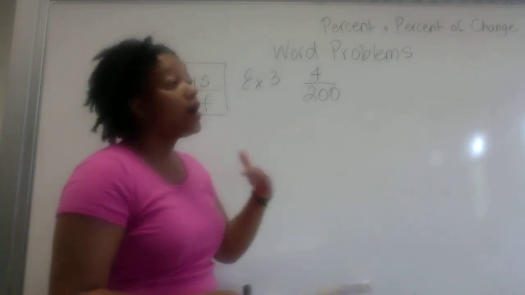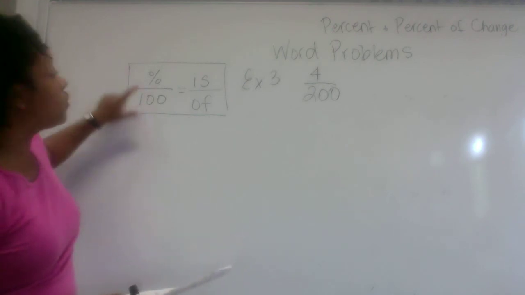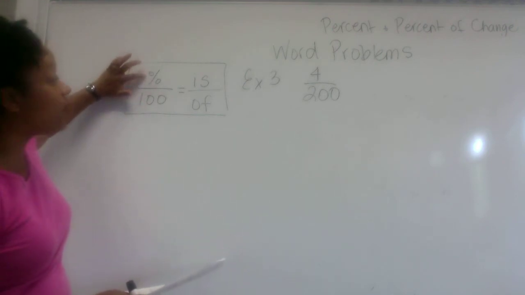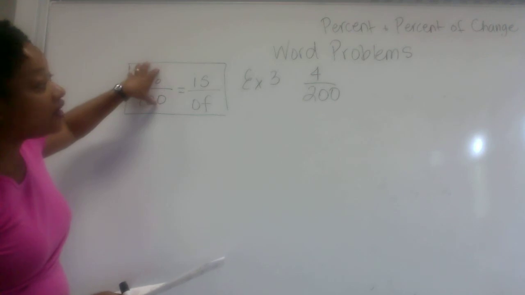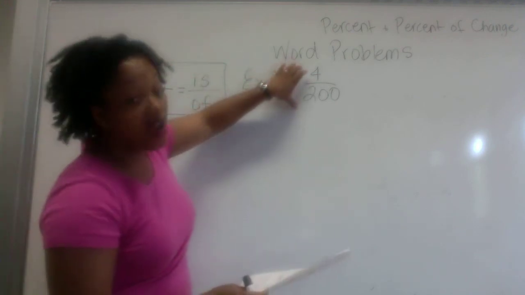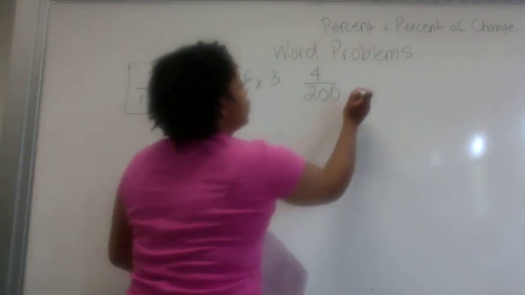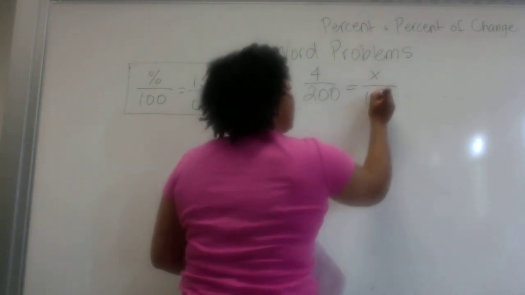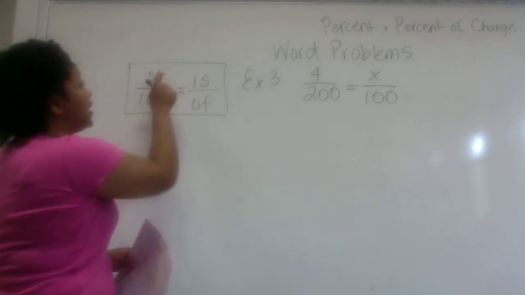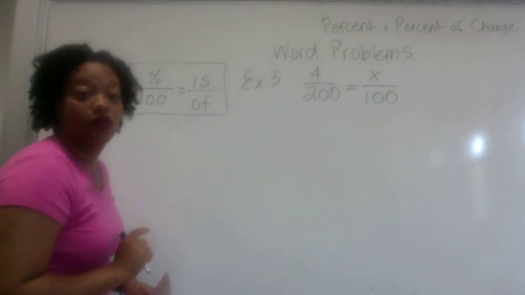So they want to know what percent. So this is what we're looking for. We're looking for the x. x is going to be right here. What percent? That's our left-hand side. So that makes the ratio in the first sentence the other side of the proportion. So I can set up this equation just like this. If I want to know what percent, that means that you're looking for that numerator that goes over the 100.